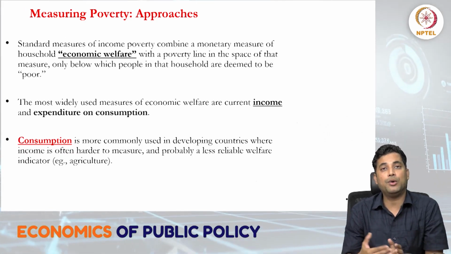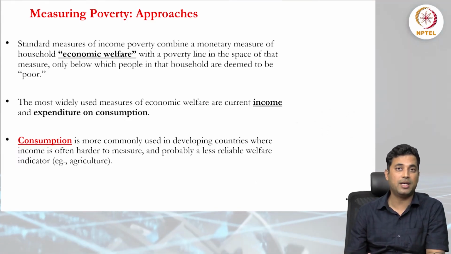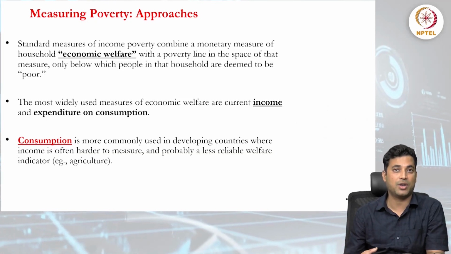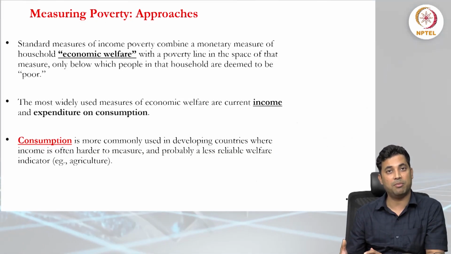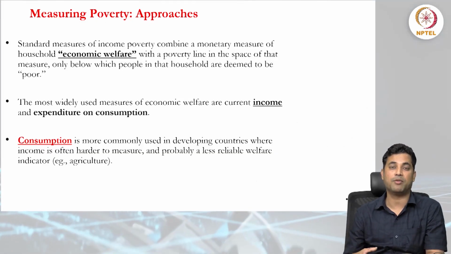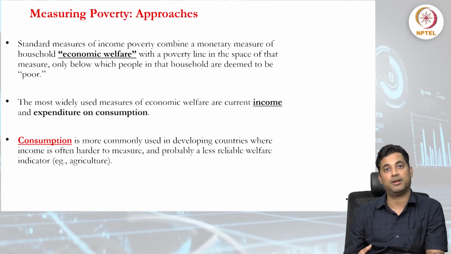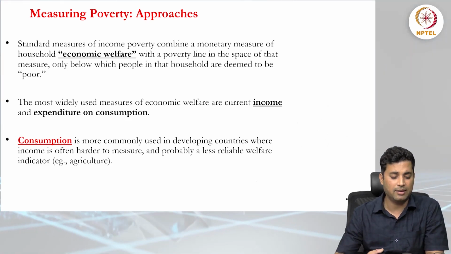If we look at early measures of poverty, it is all about income, the economic way we have tried to calculate and understand how many people are actually living below the poverty line. In fact, the poverty line is measured based on the level of income. We will discuss that in this lecture.